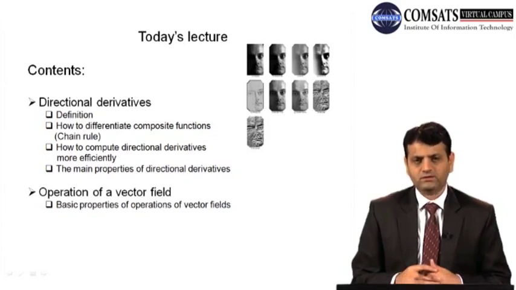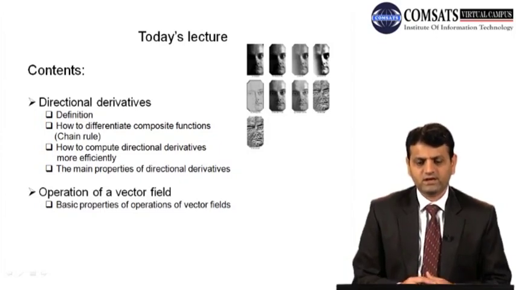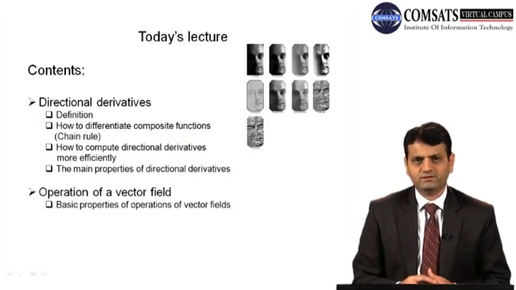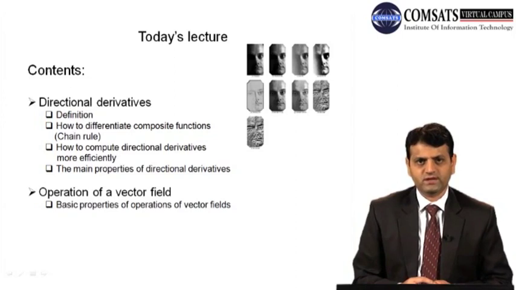So one might ask, why directional derivatives? Because they have many applications in almost every area of science. For example, in computer science, image recognition: once you have an image in your computer, how can you optimize the image, how can you improve it to see what it actually is?